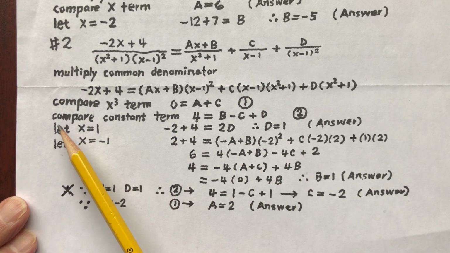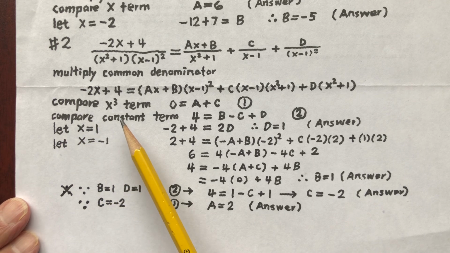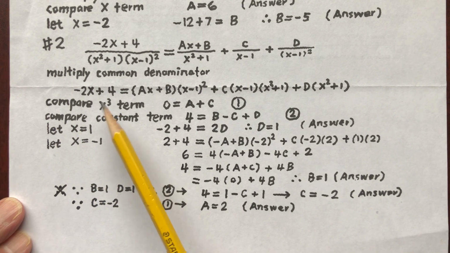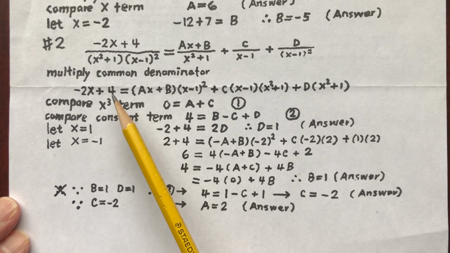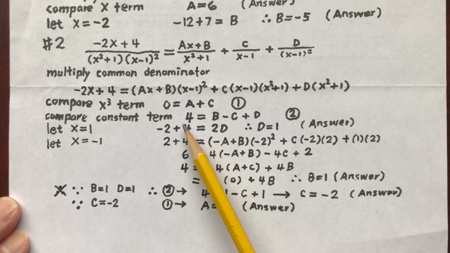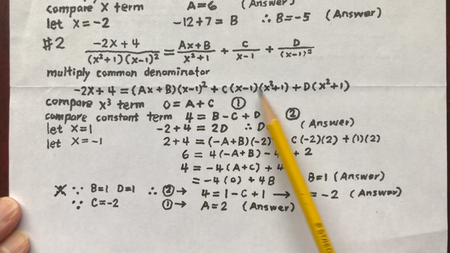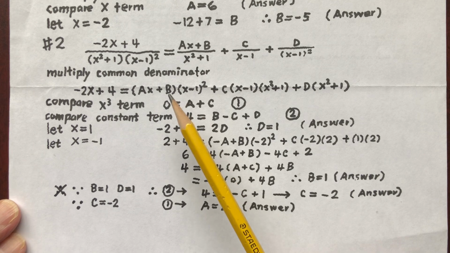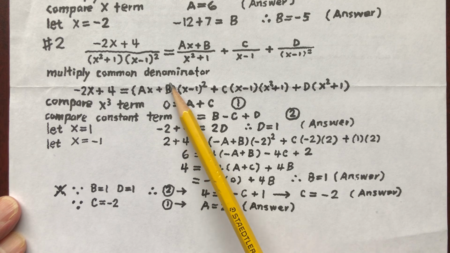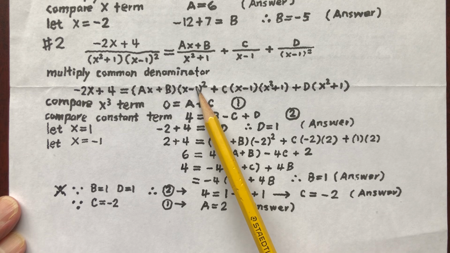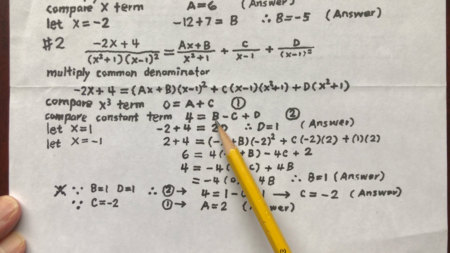Next, let's compare the constant term. On the left side, the constant is 4. On the right-hand side, the constant will be given by this b times this 1 square. So I have b.